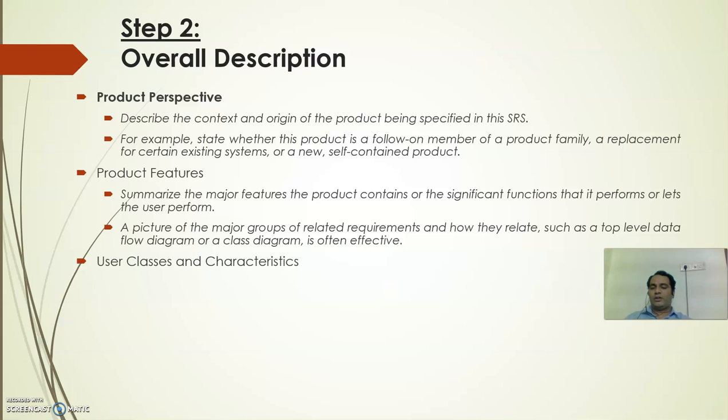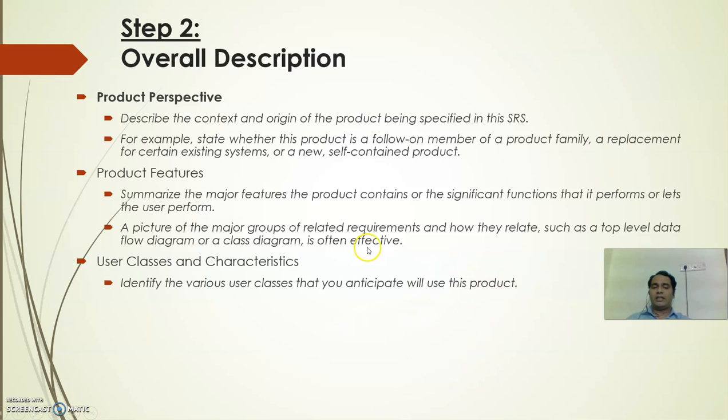Then we can go for user classes and characteristics. There might be different classes of users who may be using the product, so you have to specifically mention what type of users may be using it, what their roles are, and what actions they may be performing. Identify the various user classes that you anticipate will use this product.